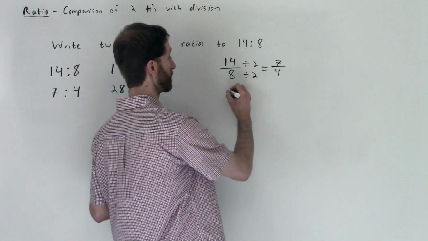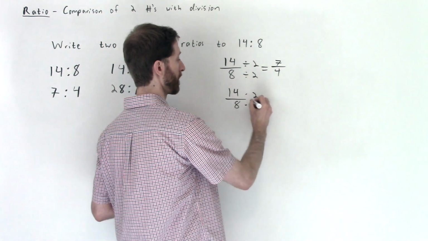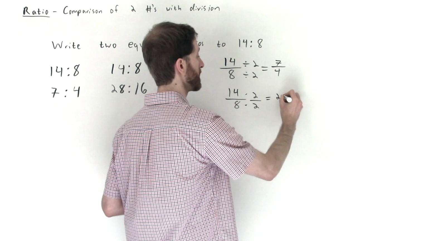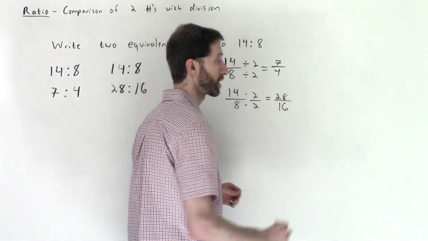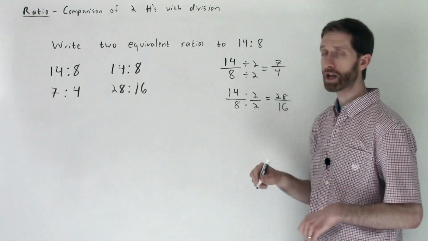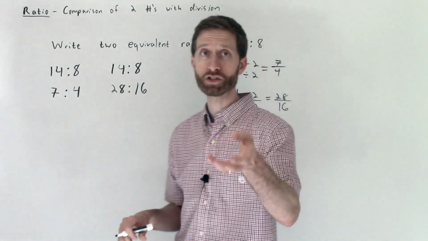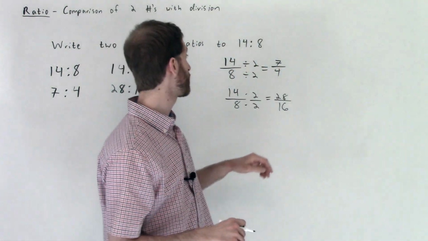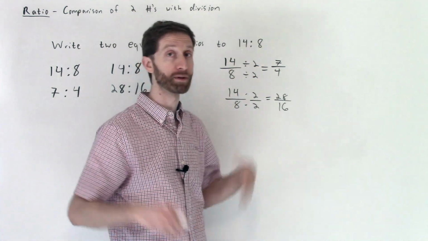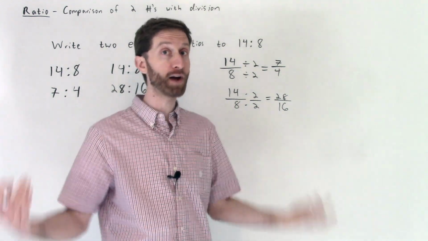And we could also have started with 14 over 8 and multiplied the numerator and denominator by 2, and that gives us 28 to 16. Which, if you take a look at our original answers over here, are the same exact ratios that we got, just in colon form. So some people like to convert things into a fraction first. Others like to leave it as a ratio in colon form. It's up to you, but it's all very similar to finding equivalent fractions.